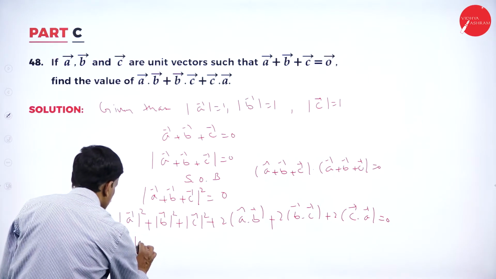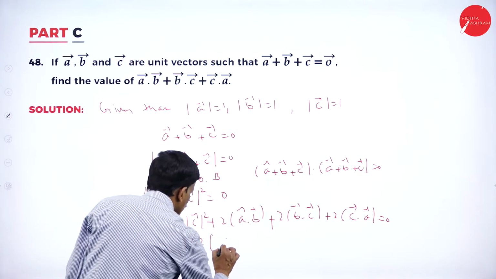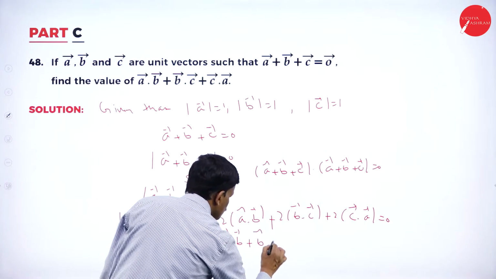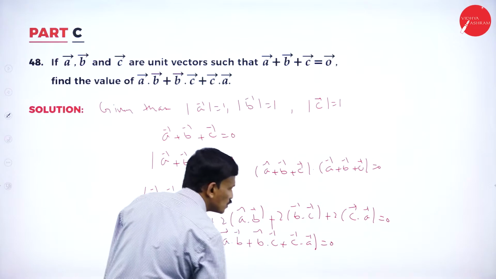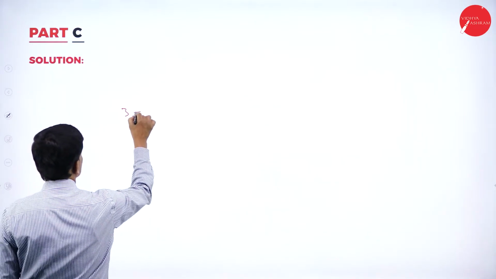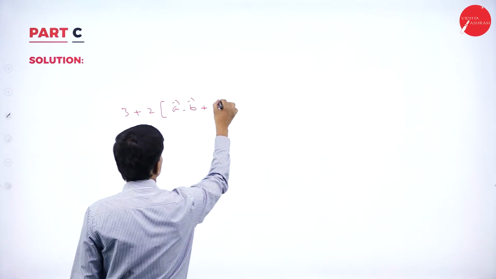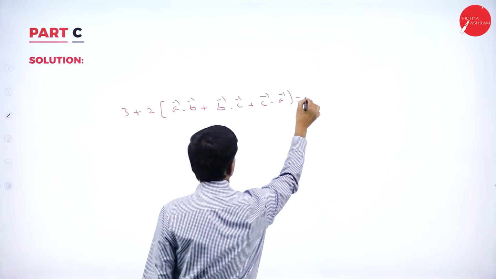So this is 1 square plus 1 square plus 1 square plus, you can take 2 as a common factor, you will get a dot b plus b dot c plus c dot a is equal to 0. Now I will go to the next page. 1 plus 1 plus 1 is 3 plus 2 times a dot b plus b dot c plus c dot a is equal to 0.